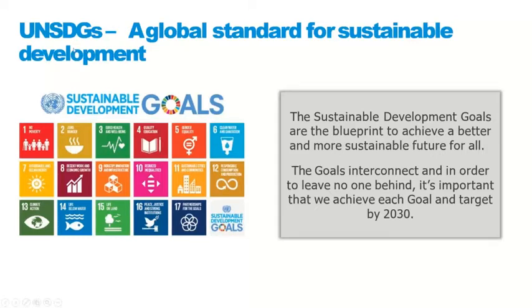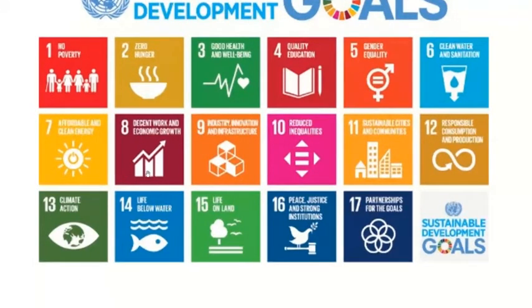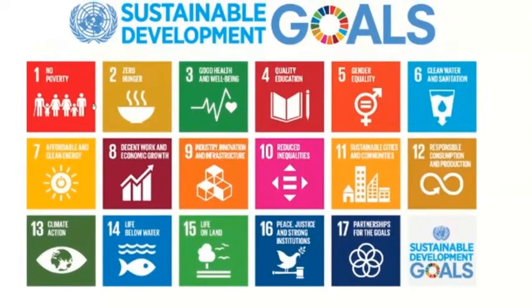This is the United Nations Sustainable Development Goals that we have, which are set as a global standard for sustainable development. So some of the goals here, as you can see, are no poverty, clean water and sanitation, industry, innovation and infrastructure, life below water, and climate action, which is one of the main factors na kailangan nating tutukan.